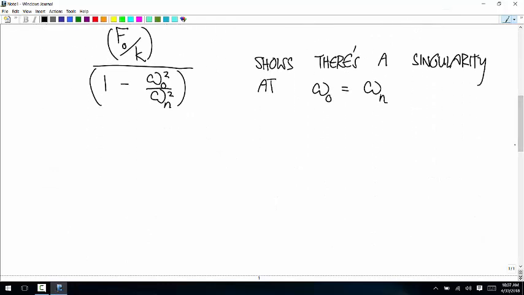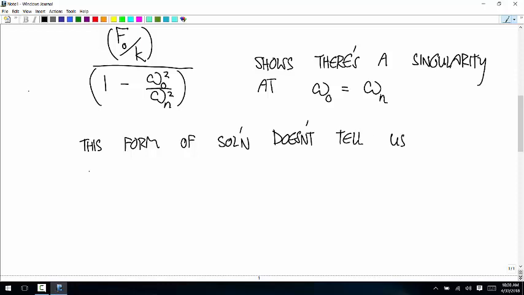But this form of the solution tells us what happens at omega 0 equals omega n. What happens is you get a resonance.